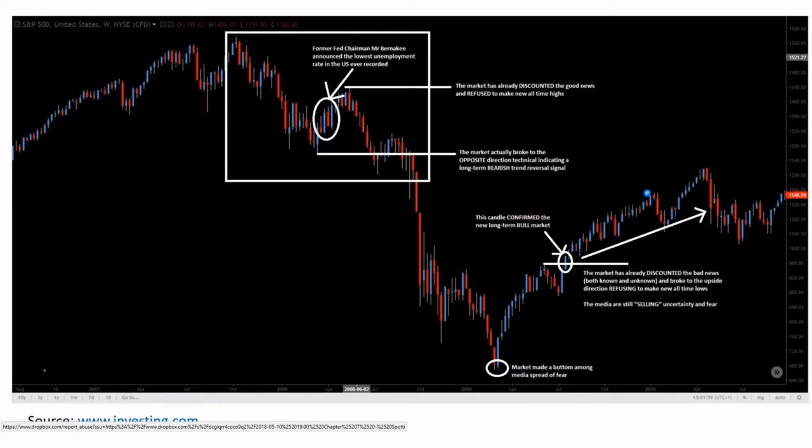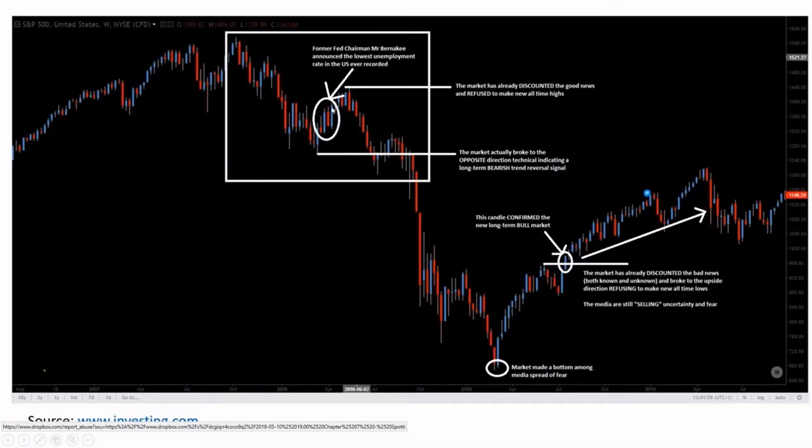So this is a very, very good announcement for the US markets. However, the market reacted to this by starting to go up, but instead of confirming the good news, in other words making new all-time highs, not only did it not go up, it actually broke this bottom level from before the announcement.